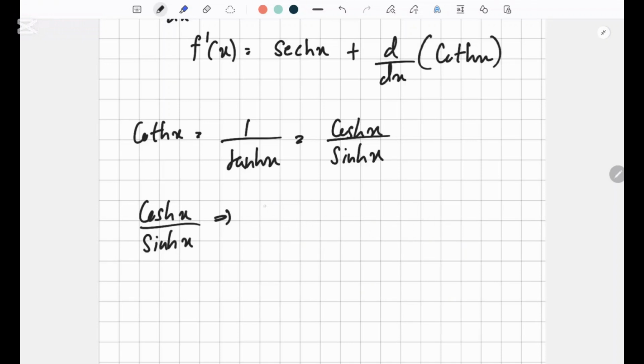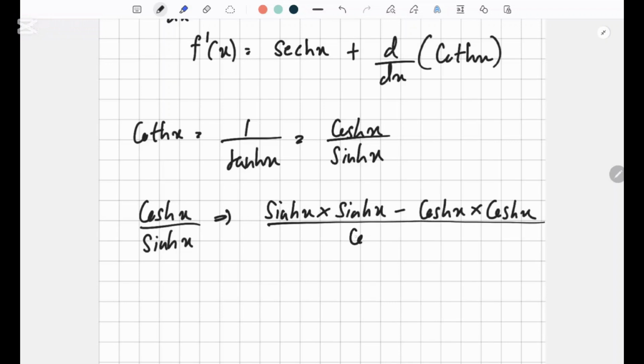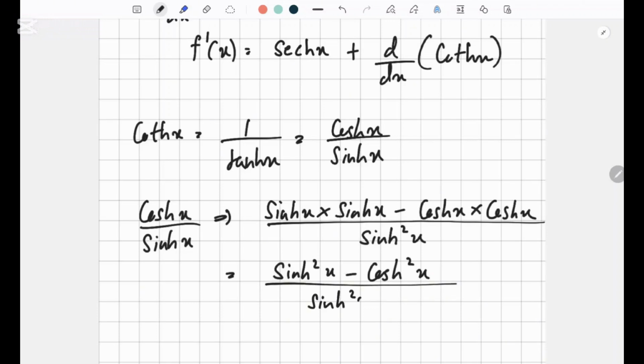Okay? So it's sinh x into the differentiation of cos x, which is minus sin x, minus cosh x into cos x over sin squared x, giving you sinh squared x minus cosh squared x over sin squared x.